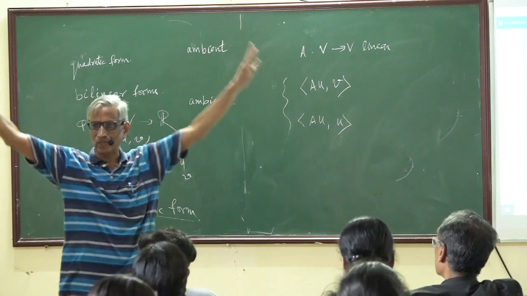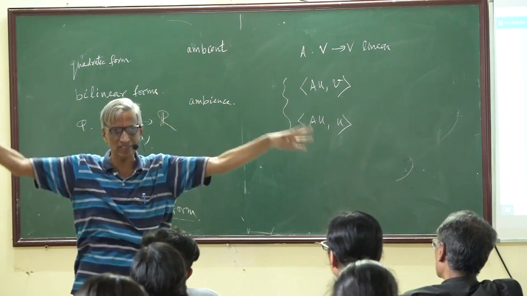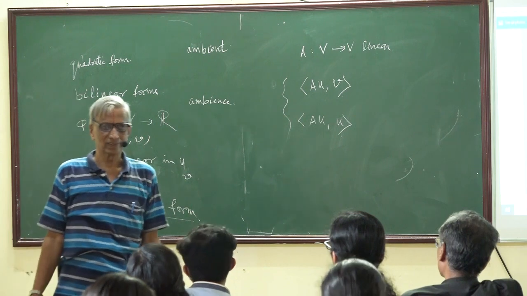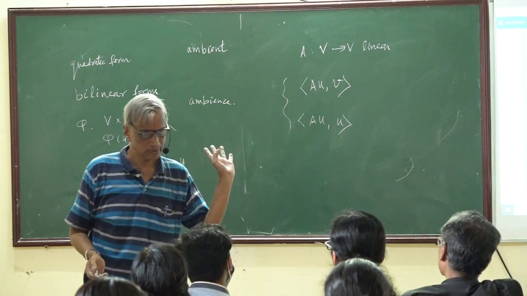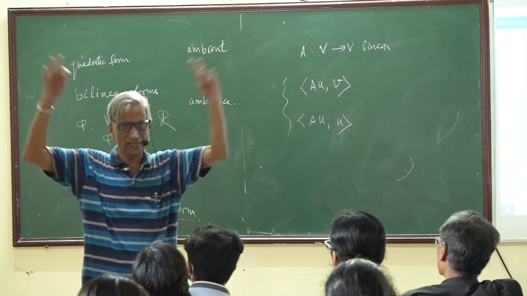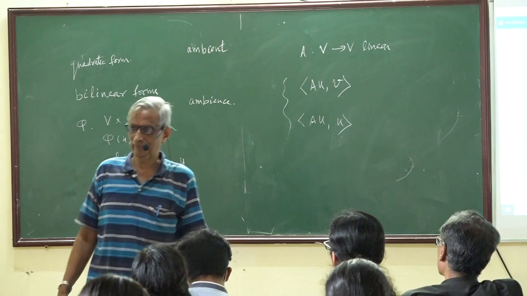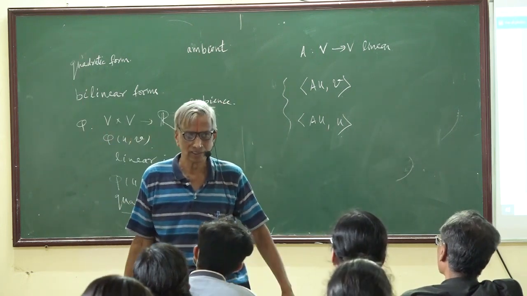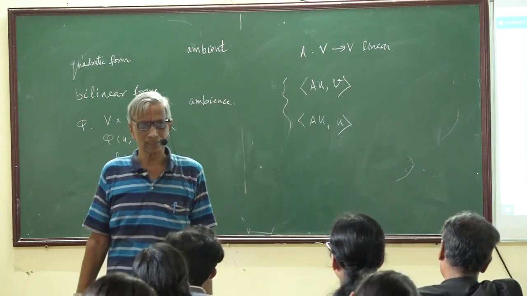So the ambient space is the surrounding space. You have a surface sitting inside a Euclidean space, so that Euclidean space is the ambient space for the surface that you are looking at. Our surfaces that we are looking at are not abstract surfaces. They are all sitting inside some Euclidean space. So that Euclidean space is the ambient space for the surfaces. Euclidean spaces have the natural inner products, right?